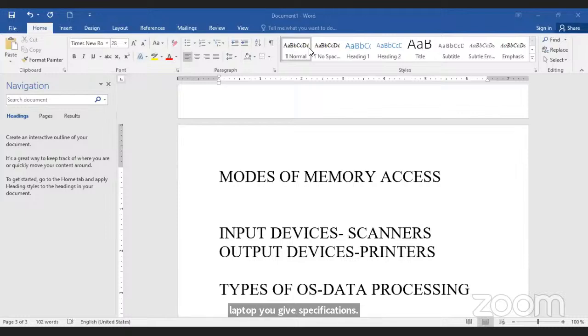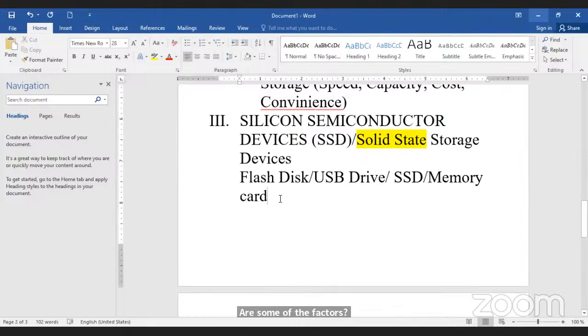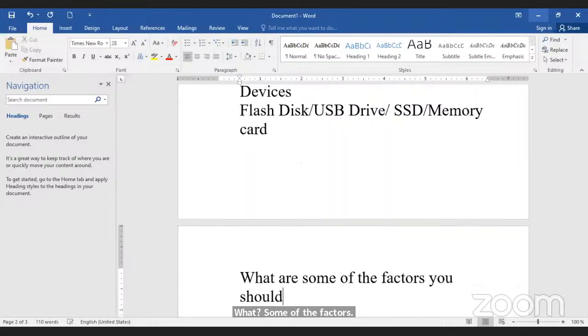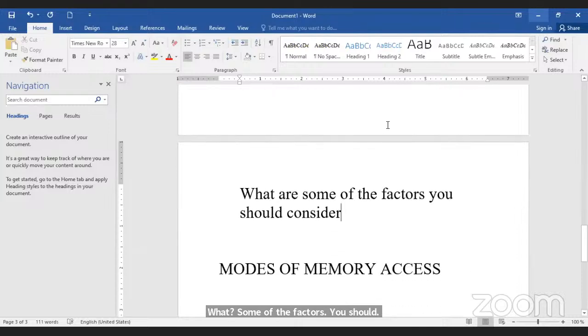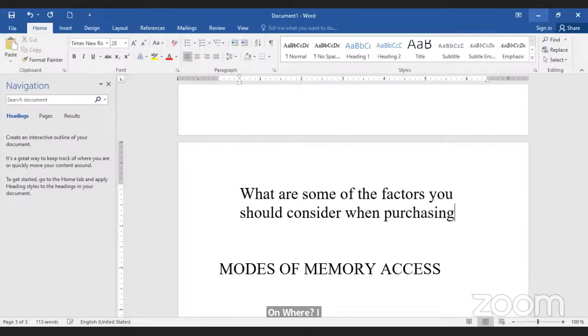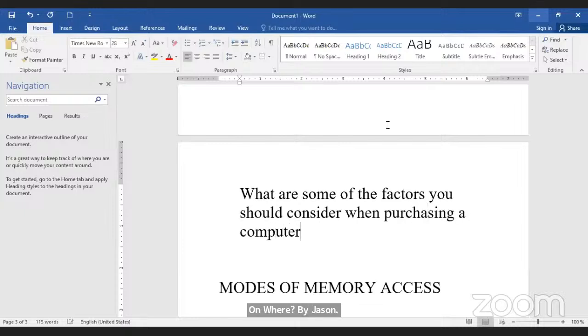So from that, what are the factors you should consider when you are buying a computer? What are some of the factors you should consider when purchasing a computer? I want those answers to keep coming.